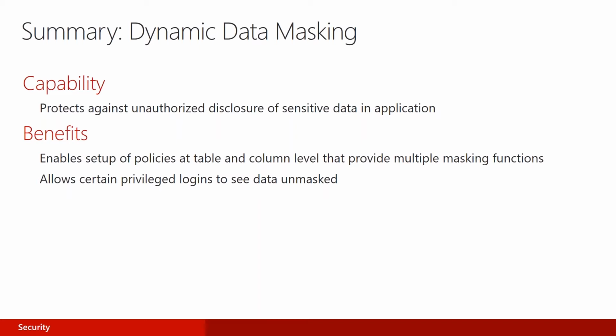Any database owners are going to be able to see the actual underlying data set, so just keep that in mind. Great thing about this is that there's no changes that need to be made on your application. As we mask the data, we're going to keep the same data types, and we're going to never overflow the data type. So if I have a varchar 10, we're never going to allow more than 10 characters to come back in that query. Okay, so that's data masking.